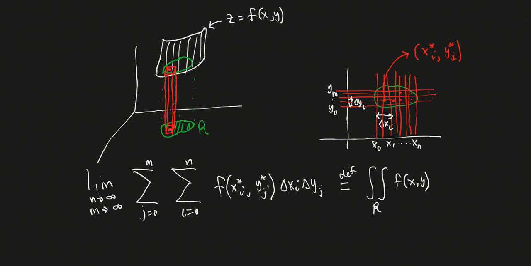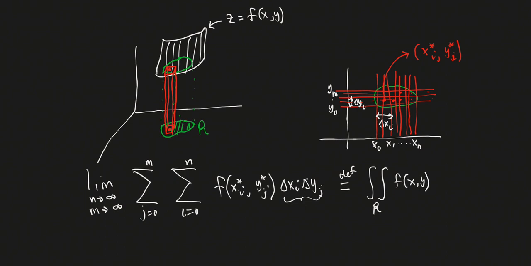So what do we do with the delta x and the delta y? Well, this calculation here gives me the area of the really tiny rectangular base. So this is really an area, but a really, really small area.